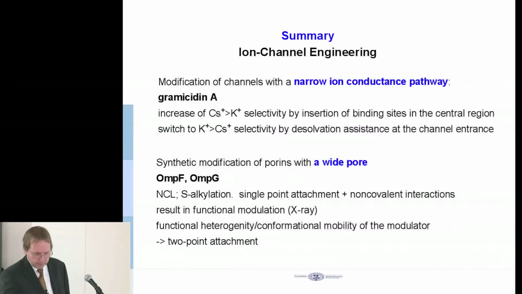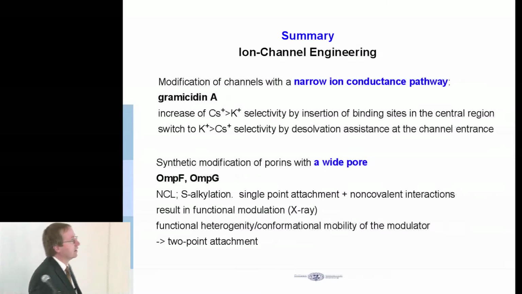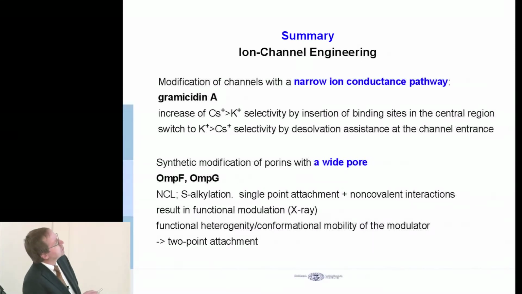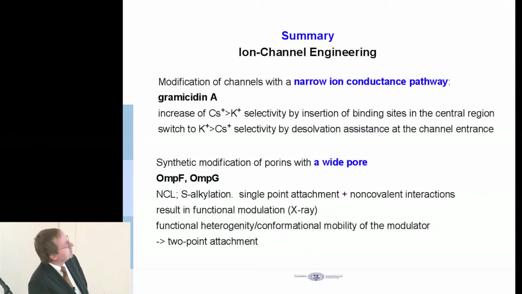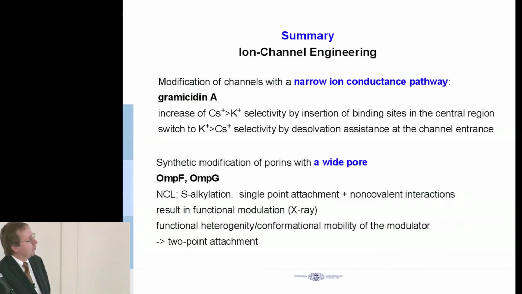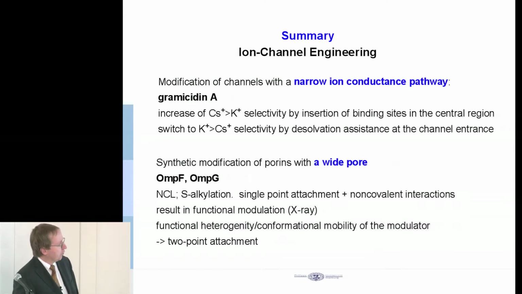I guess I should not go too much into biological details, but to summarize this ion channel part, on channels with a narrow ion conductance pathway, we can tune the ion selectivity, and we are also able to work on wide pores of the porine type.